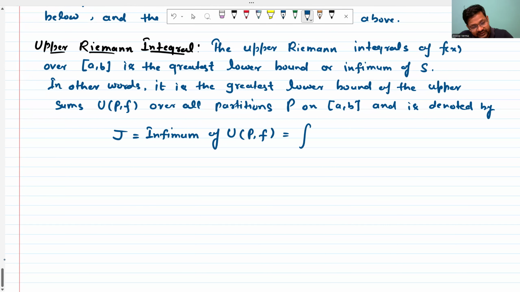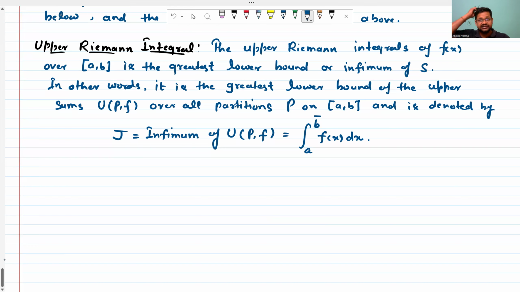So this is denoted by the symbol, upper bar a to b, f(x) dx. Okay, so this is the upper Riemann integral.